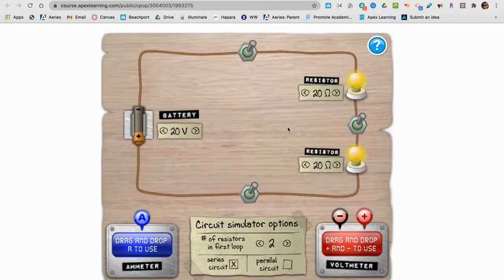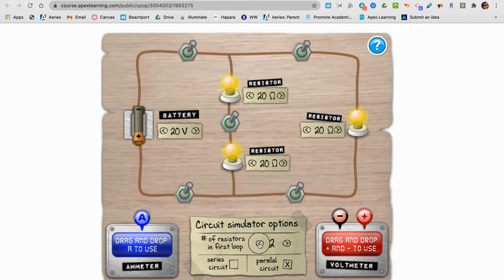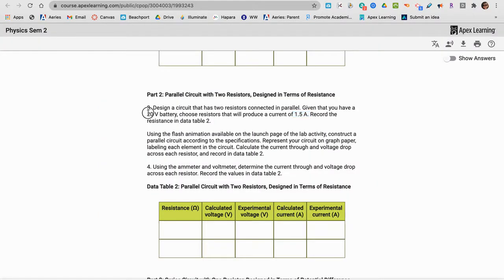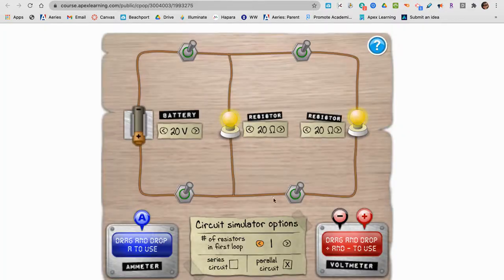Okay, so you'll go here, you'll say I want parallel, and I want one resistor in each loop. All right, it tells me that I want the voltage to be 20, so I'm going to leave that, and then I'm going to measure my current. My current here reads 1 amp. My current here also reads 1 amp.